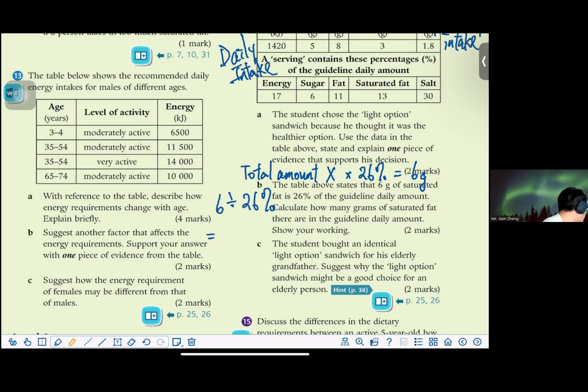Now, let me take out the calculator. This also reminds you to remember to bring your own calculator to the examination room tomorrow, because sometimes you may need to do calculations. So it will be 6 divided by 0.26.